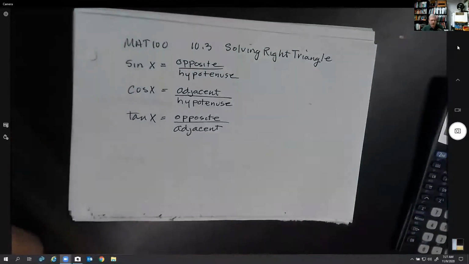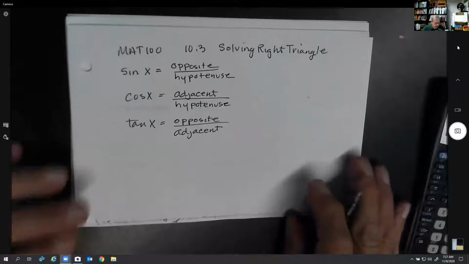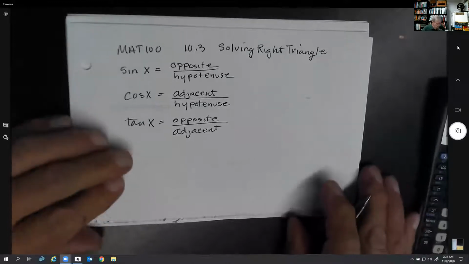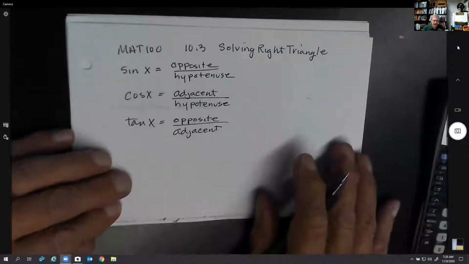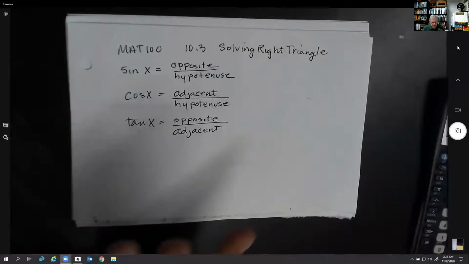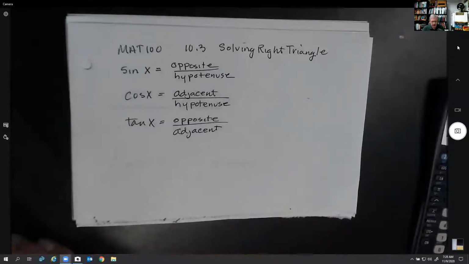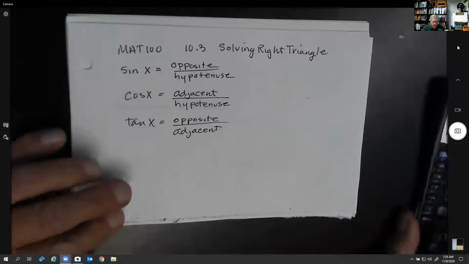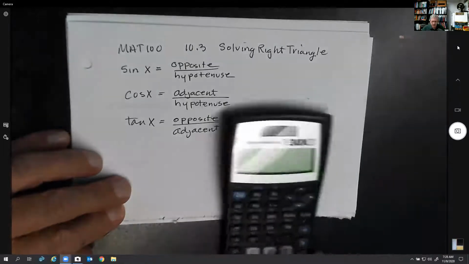And then we'll show you how we're going to use this to help us solve triangles. The advantage to trigonometry over geometry is that geometry works for special angles, 30-degree angles and so on, but this will work for any angle.